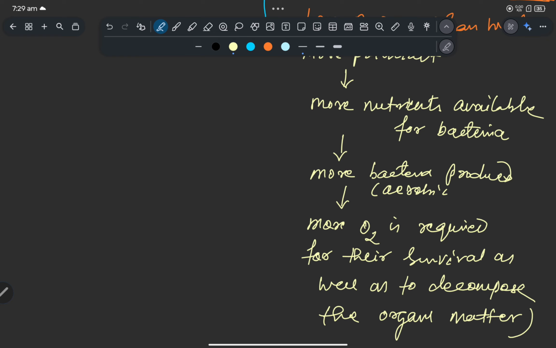Initially the BOD increases because the pollutants are more, but as the organic matters are digested by the microorganisms, basically the aerobic bacteria, the pollutants decrease, and as the pollutants decrease the number of microorganisms also decreases because of lack of nutrients, and the demand for oxygen decreases and the water becomes less polluted.